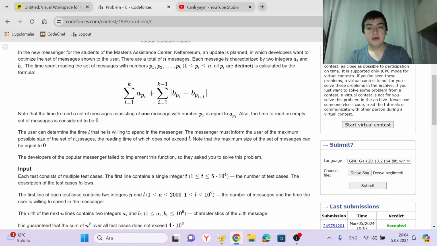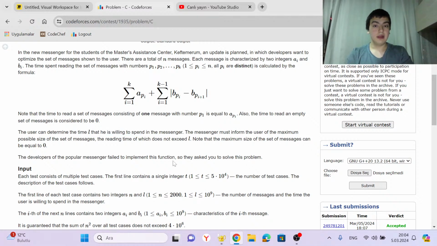You have only L minutes to spend in the messenger. So the problem asks us to find the maximum number of messages that we can read in L minutes, without exceeding L minutes.